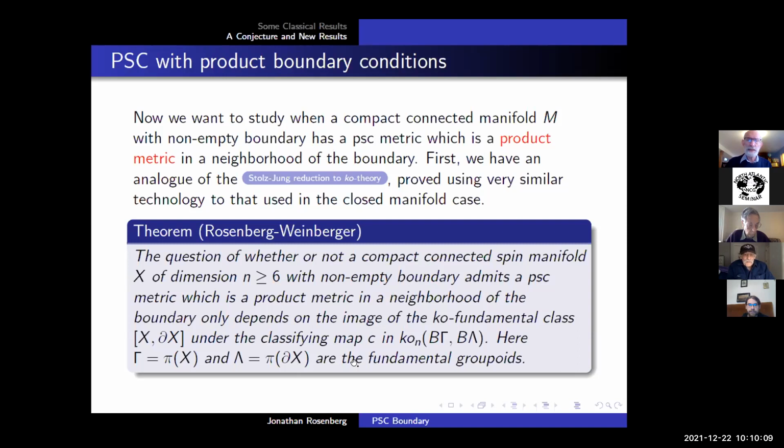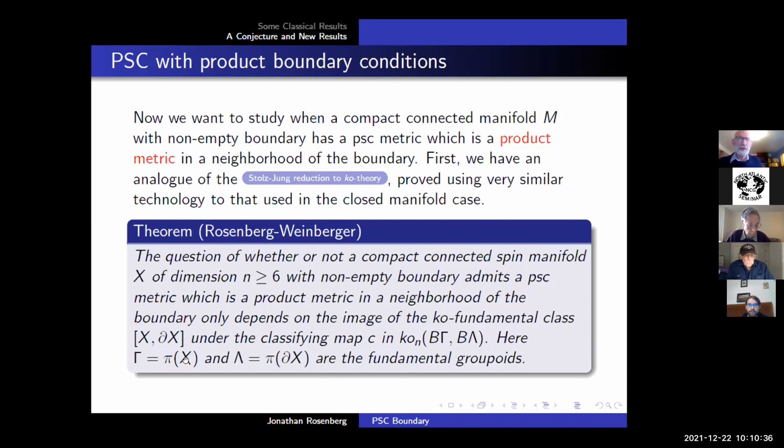Of course, you could fix a base point in each boundary component, but those base points don't necessarily behave well when you compare with a base point in X. A more natural thing to do is to use the fundamental groupoid, which doesn't require a choice of base point. You always have a fundamental groupoid, and that's always functorial.